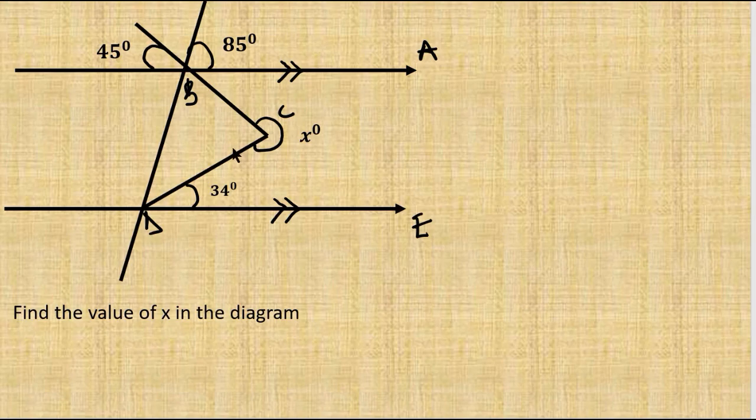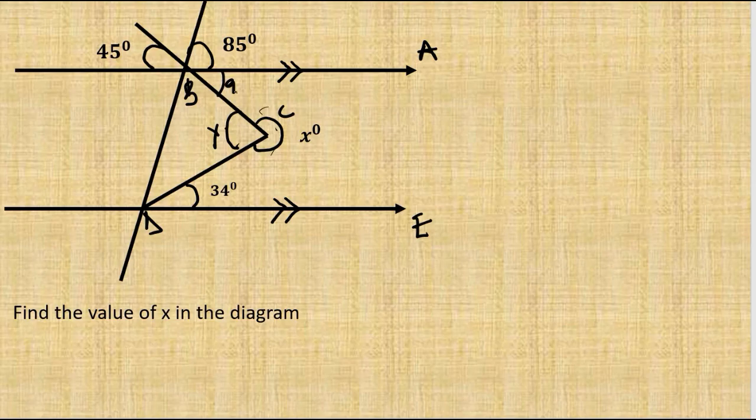Now, the M shape theorem tells us that the angle in the middle, this angle here, let's call that Y, is the sum of the two angles at the sides.